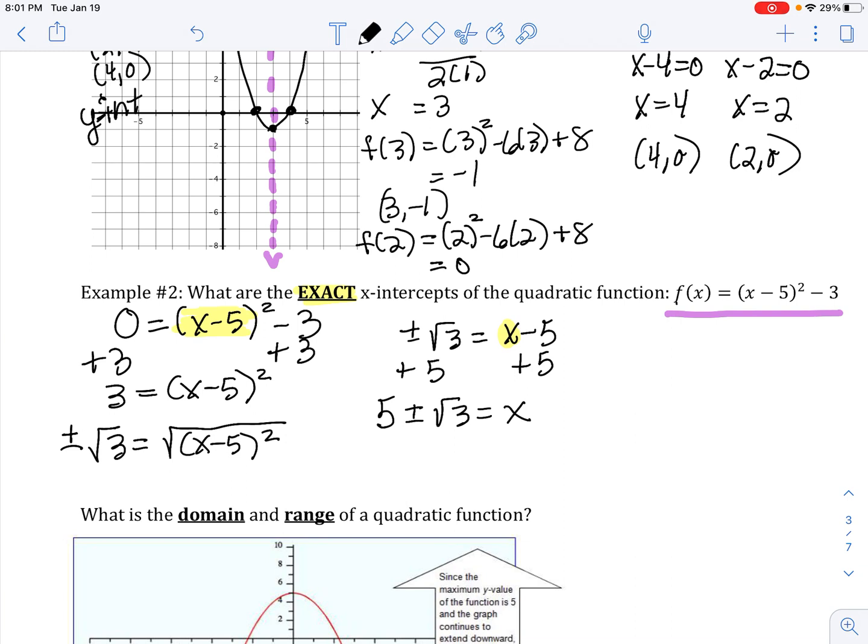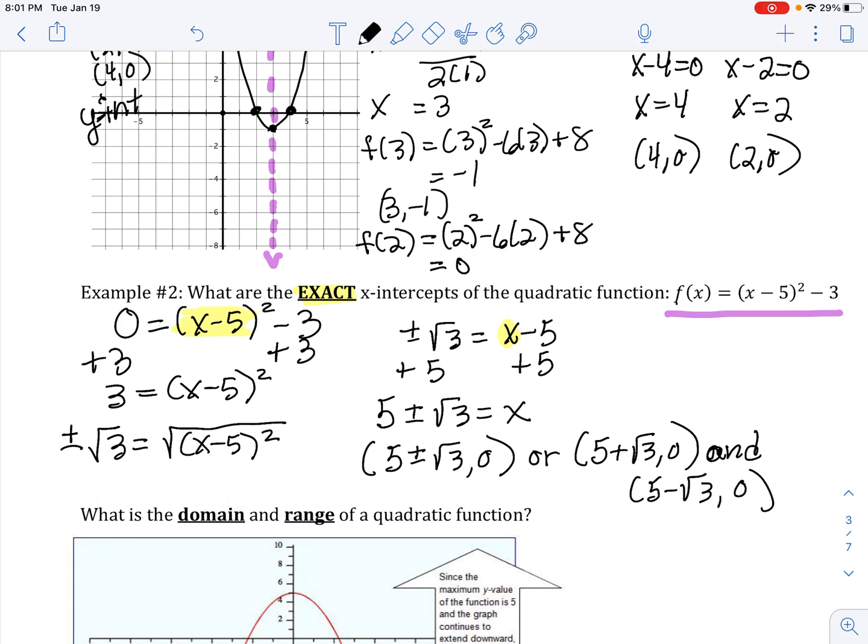To write that as an ordered pair, you have some options. You can throw it into an ordered pair like this: (5 plus or minus root 3, 0). Or if you wanted to, you could write them separately: (5 plus root 3, 0) and (5 minus root 3, 0). We call those the exact x-intercepts because those are the exact locations in the coordinate plane, not a decimal approximation.